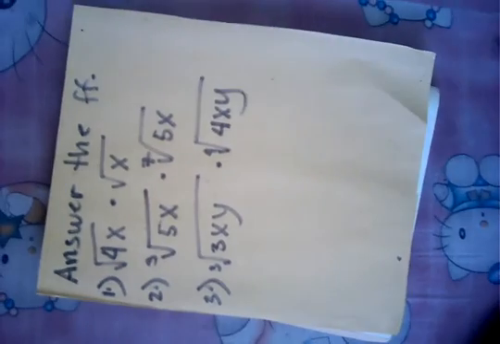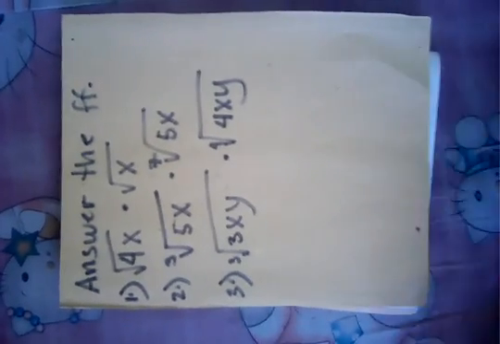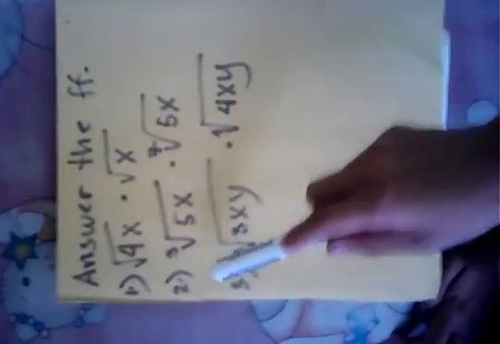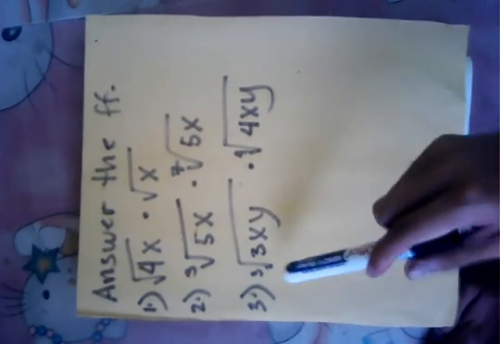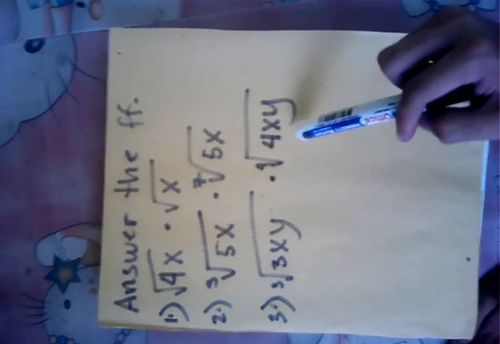Answer the following on your sketch paper, if you have. Number 1, square root of 4x times the square root of x. Number 2, the cube root of 5x times the 7th root of 5x. And number 3, the cube root of 3xy times the 4th root of 4xy.